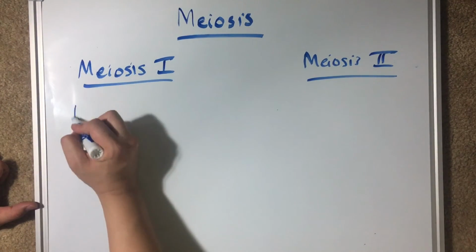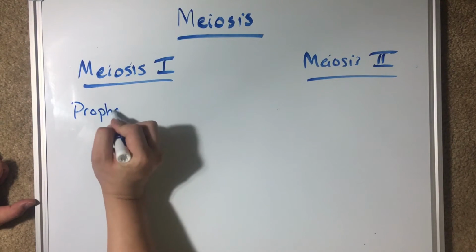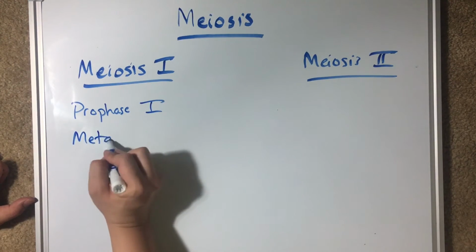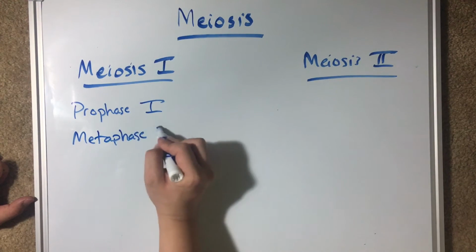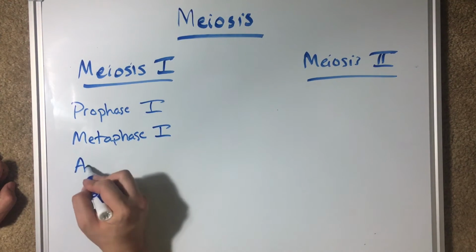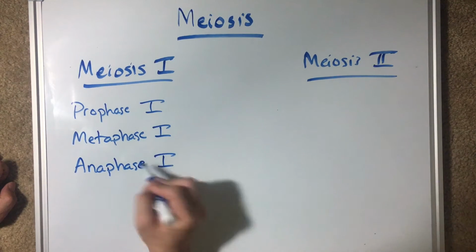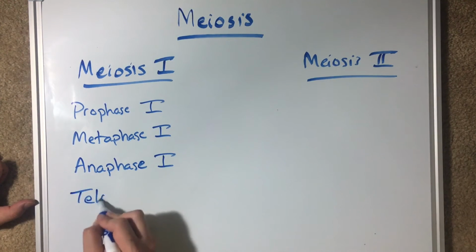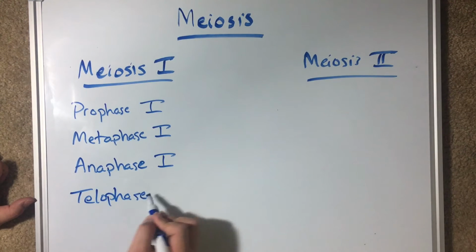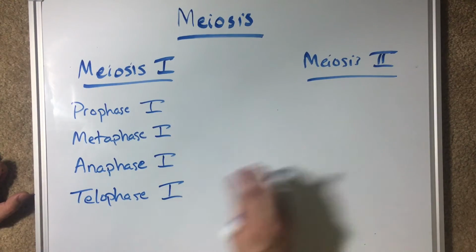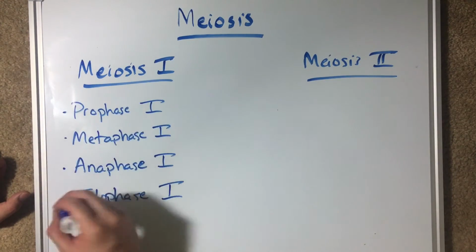First step here is prophase 1, metaphase 1, anaphase 1, telophase 1, and there's also cytokinesis here too, but I'm not going to worry too much about that.